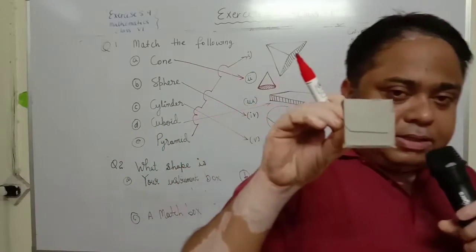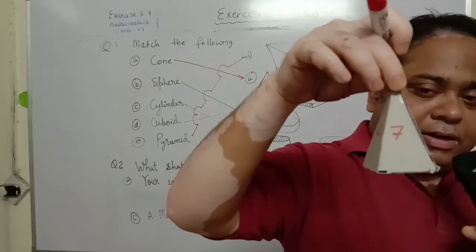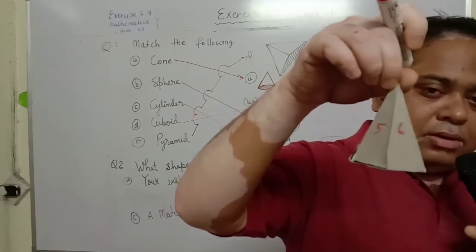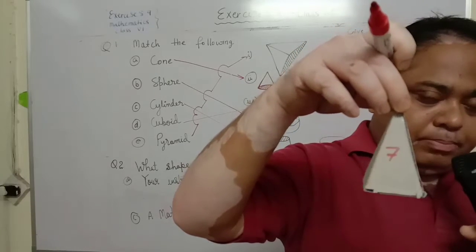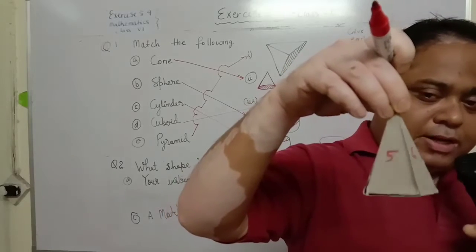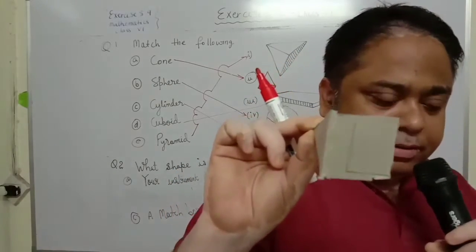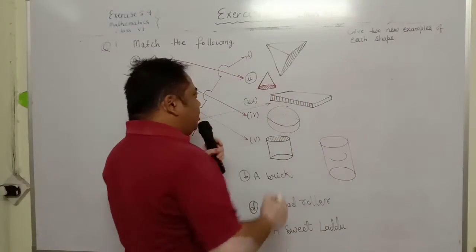Do you see the base? Now if I keep it like this, you will find that there are triangular shapes going upward and forming a tip. This kind of shape is called a pyramid. However, this is a square pyramid, but this pyramid is a triangular pyramid.